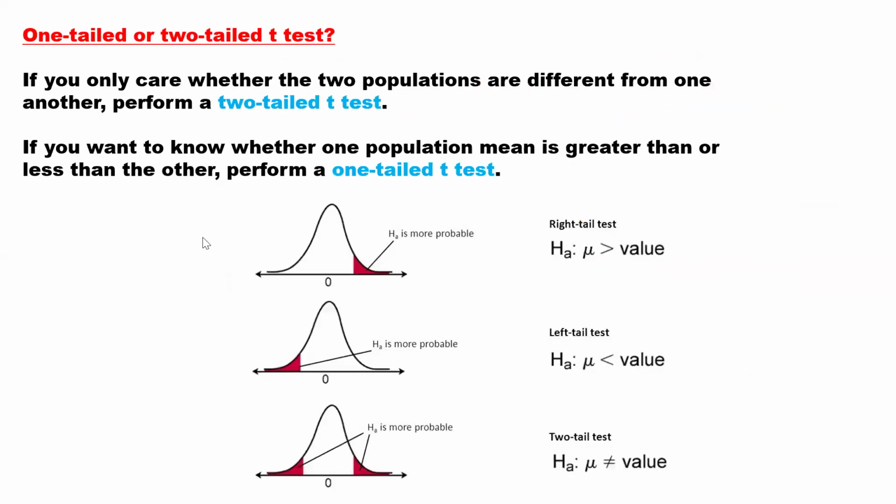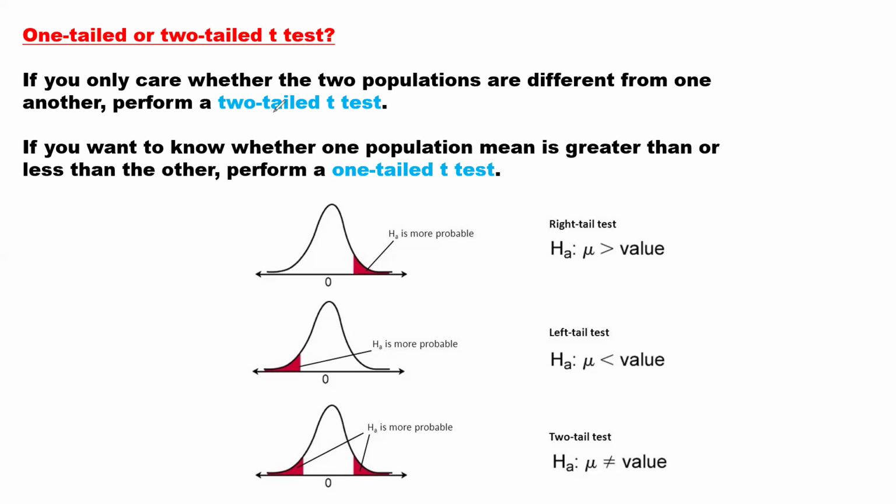Okay, so now we are going to look at the one tail or two tail test. When you are doing this t-test, you need to know whether you are going to work with a one tail test or a two tail test. The two tail test is used when you only care whether the two populations are different from one another.